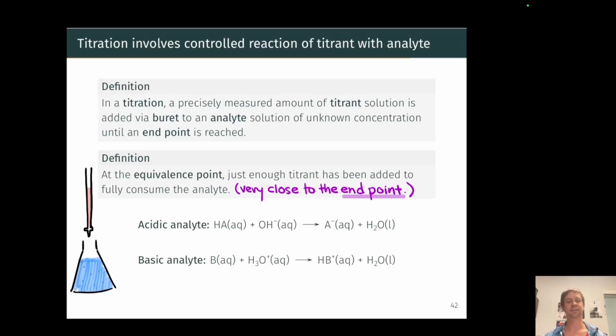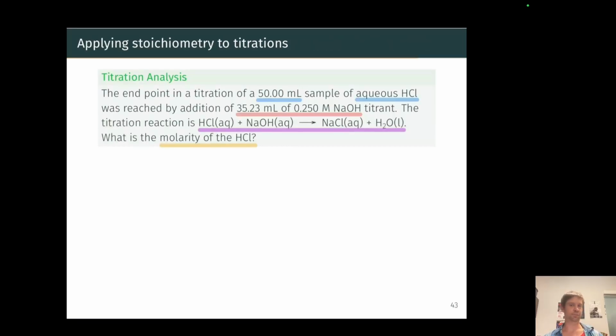In the acidic titration, as soon as we've added enough OH- from the burette to fully use up HA, a color change is observed, and we can use the measured volume of that OH- solution, the known molarity of OH- in the titrant solution, and work our way to the moles and molarity in the original HA solution. Let's do that now in a practice problem.